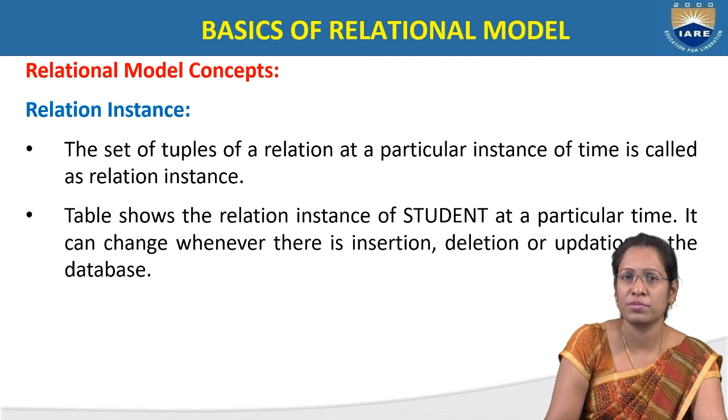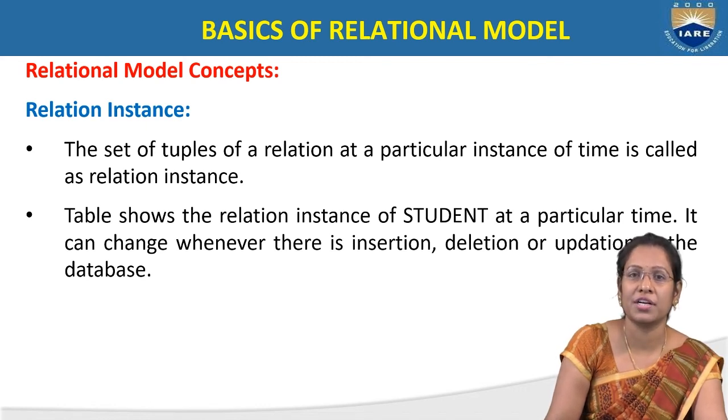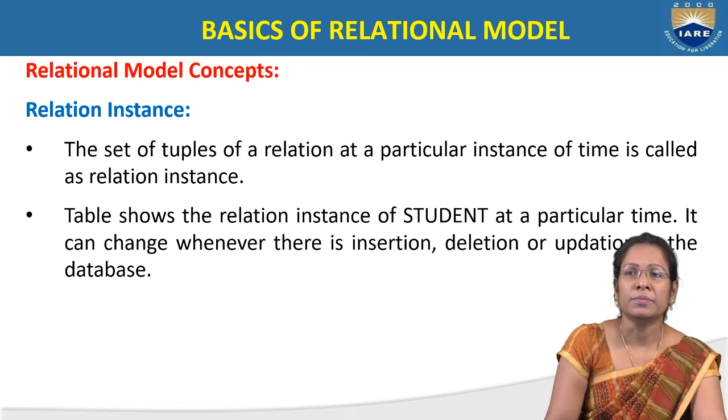Because when we perform operations on the database, insertions, deletions or updations, the set of tuples we saw in the previous stage will not be the same. It may change. There may be a change in the content present in the database. So whenever we perform any type of operation, the instance will keep changing. That's why the relation instance is nothing but the set of tuples of a relation at that particular instance of time.